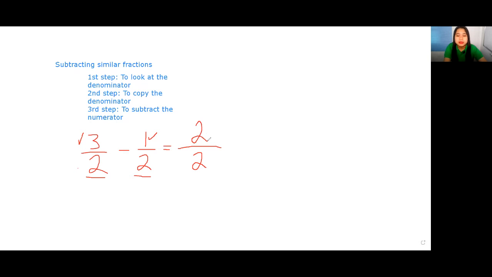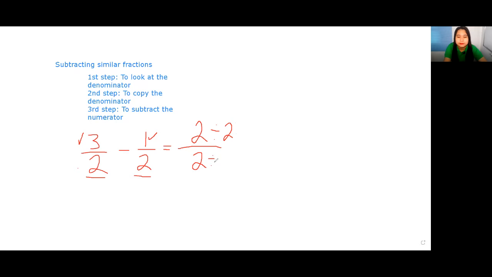So how about this one? Can we simplify this one, teacher? Yes, we need to simplify. Again, think of a number that you can divide both 2 and 2 by. It is easy, we can divide both by 2.